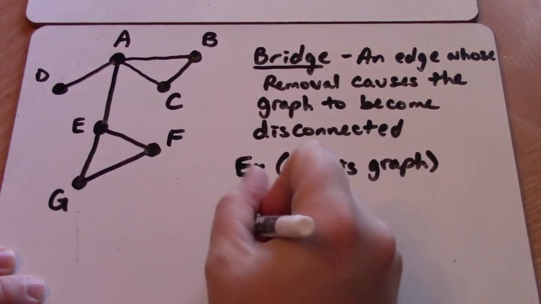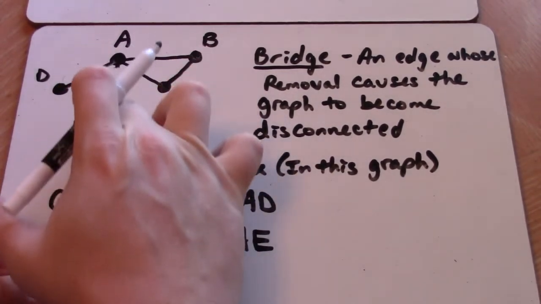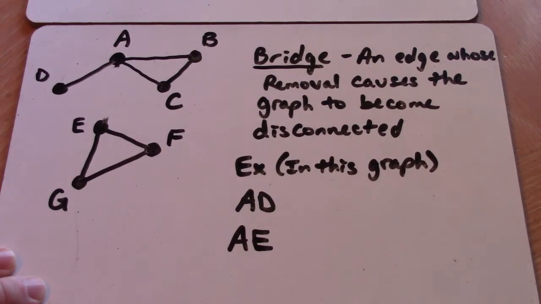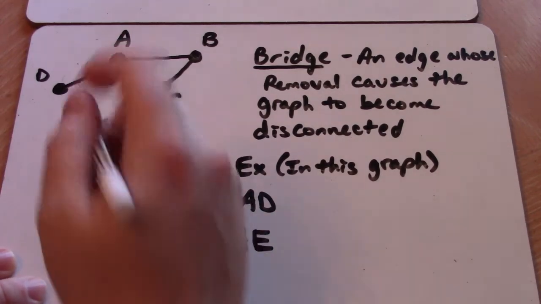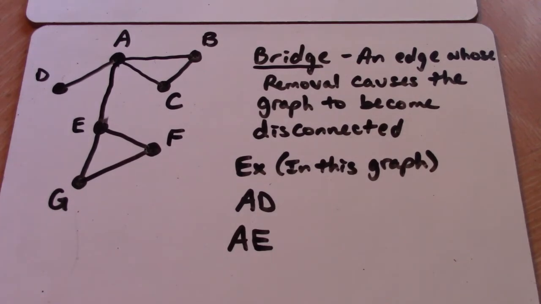The only other edge here that is a bridge is AE. If I remove AE, I have 2 clear components to that graph, making AE a bridge. This idea of a bridge is going to be extremely important down the road for us when we are doing Fleury's algorithm. Okay?